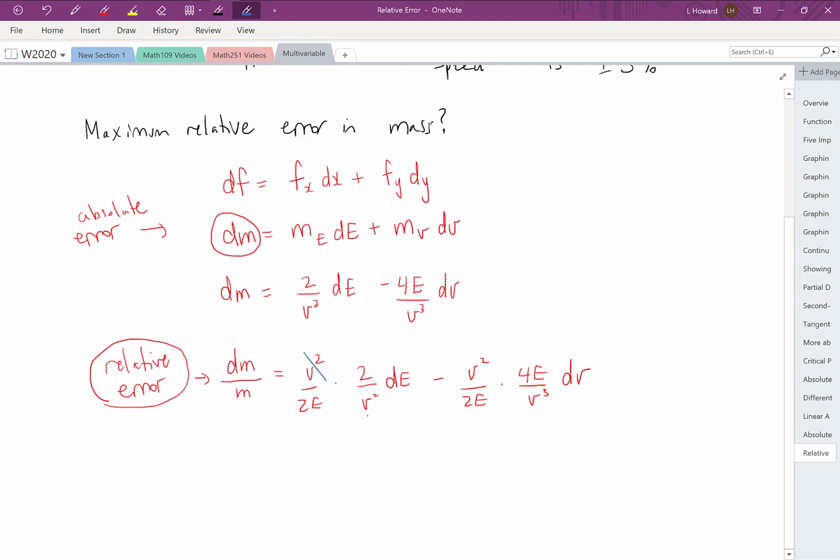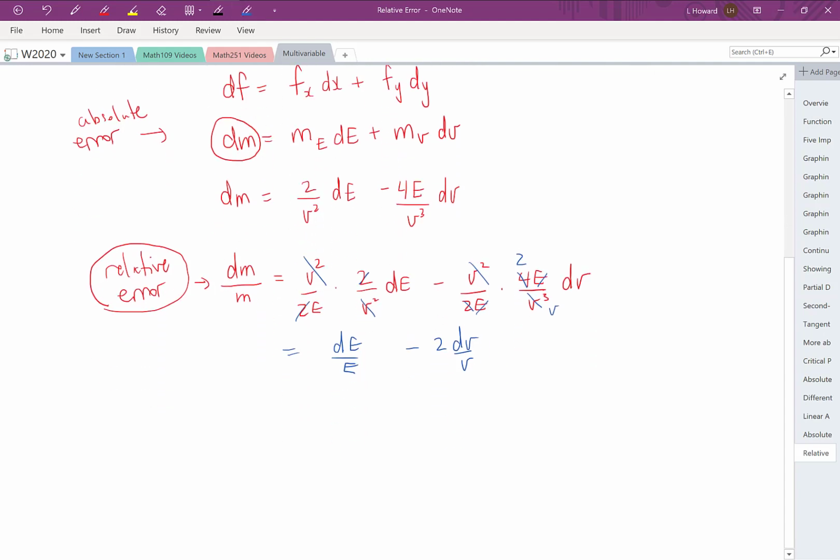In the first term, v squareds are going to cancel out, 2 is going to cancel out, and we're going to have dE over E. In the second term, E's are going to cancel, the factor of 2 will cancel, and v squared will cancel, just leaving us with a v. So we're going to have minus 2 dv over v by the time we rearrange that. So this is saying that the relative error in the mass is going to be the relative error in the kinetic energy minus 2 times the relative error in the speed.